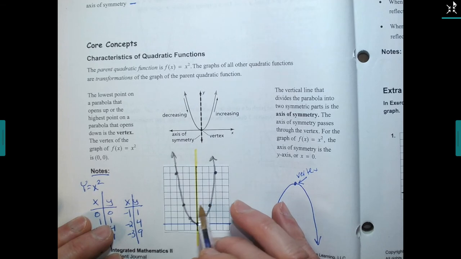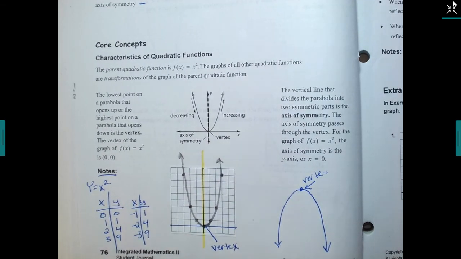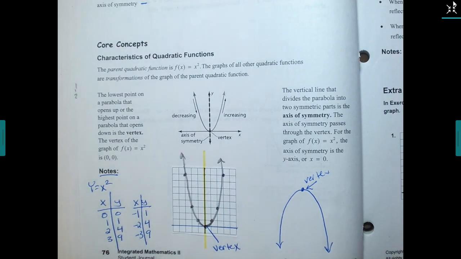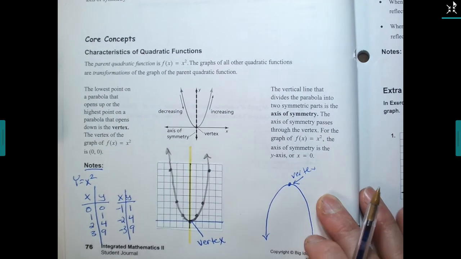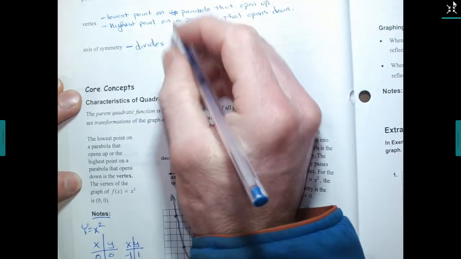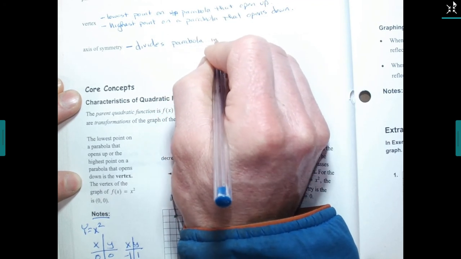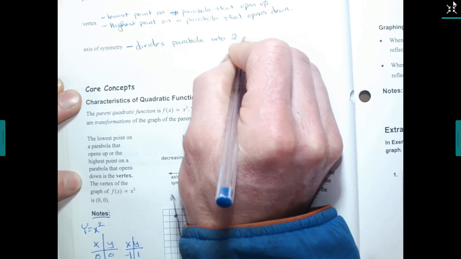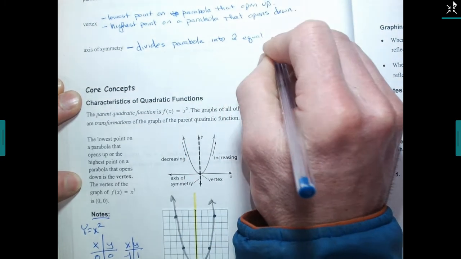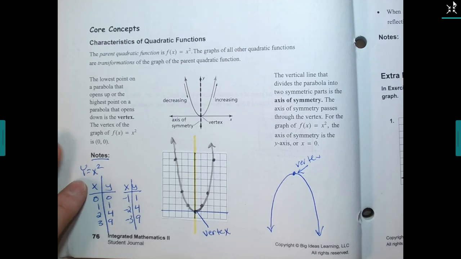Another point's going to be 2 over, so it would be 2 over on that side of the axis of symmetry. So that is your axis of symmetry. It divides your parabola into 2 equal parts.